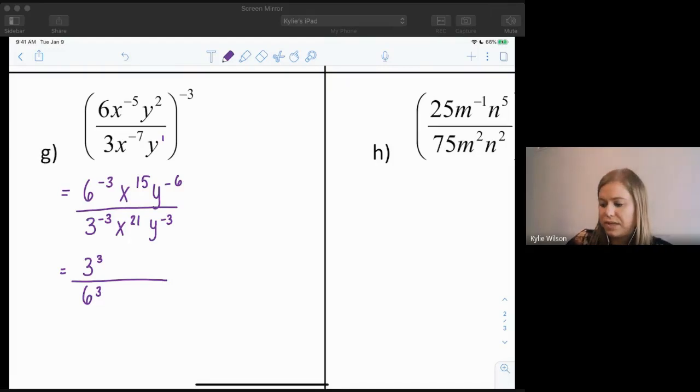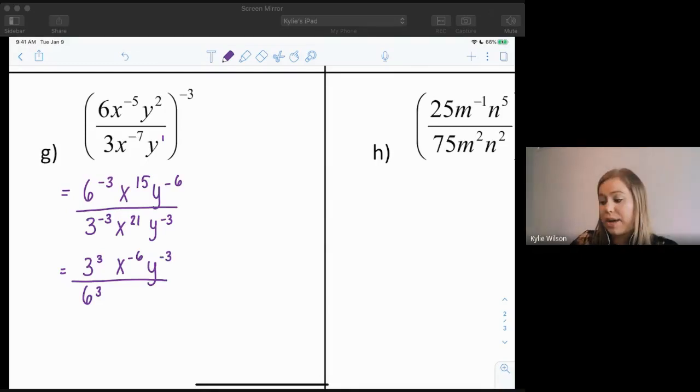So 15 minus 21 is going to give me x to the power of -6. And then my y's, I have y to the power of -6 over y to the power of -3. So I just subtract my exponents. -6 minus -3 is going to give me y to the power of -3.